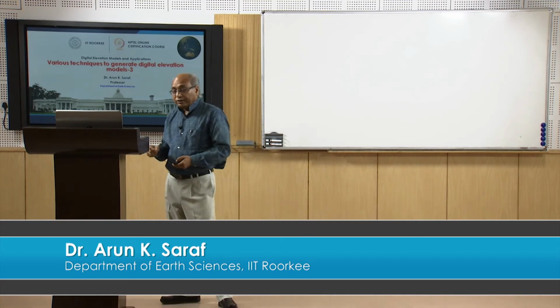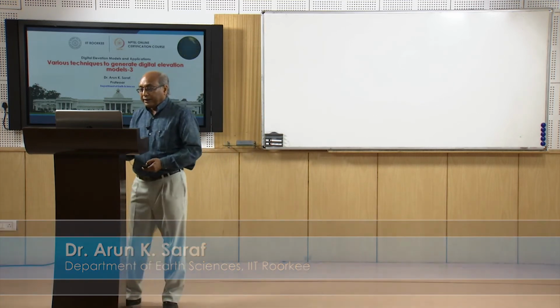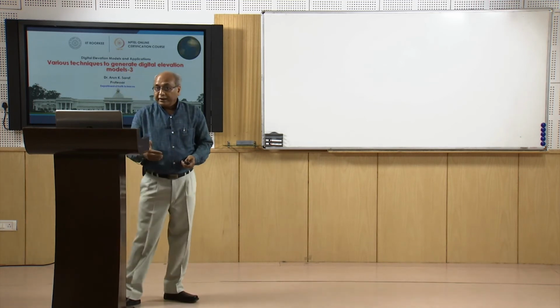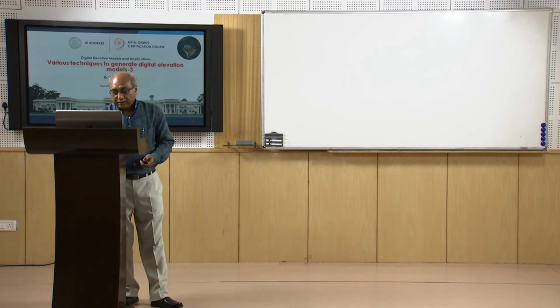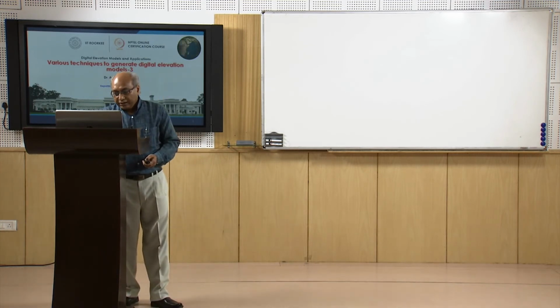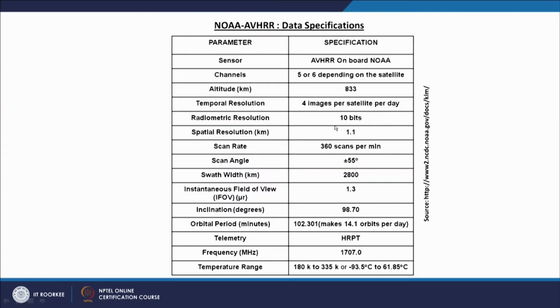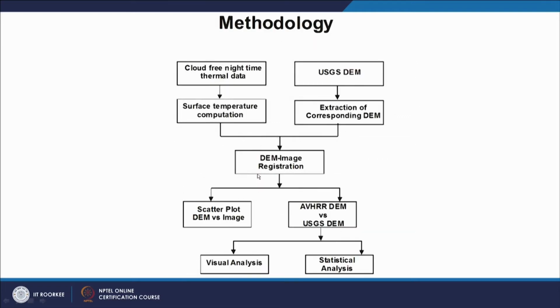So the radiometric resolution of NOAA is very high, and therefore you may get a better digital elevation model at that particular resolution, say at 1 kilometer resolution. So that is the advantage, because here the radiometric resolution is higher than your Landsat data and other data. And the spatial resolution, of course, is around 1 kilometer, and the rest of the things are also here.